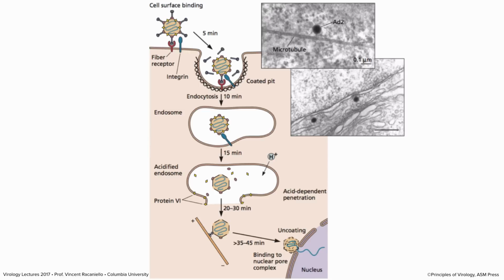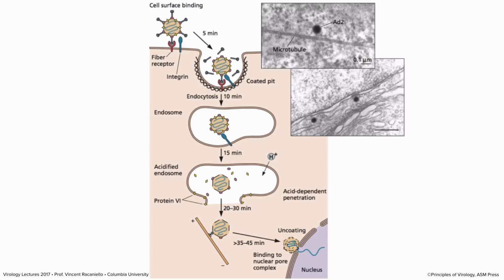Here's adenovirus. Binds to two different cell surface receptors. It's internalized by clathrin-dependent endocytosis. As the endosome acidifies, the virus particle begins to break up. Not completely, it remains intact, but a protein that's on the interior of the capsid, shown as these little diamonds here, gets released.